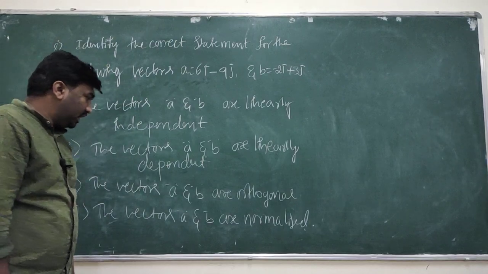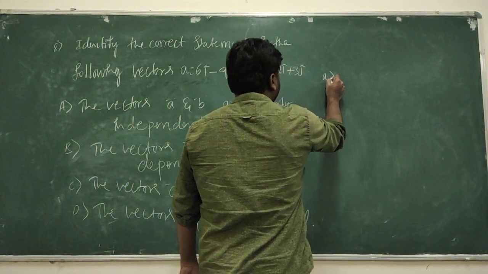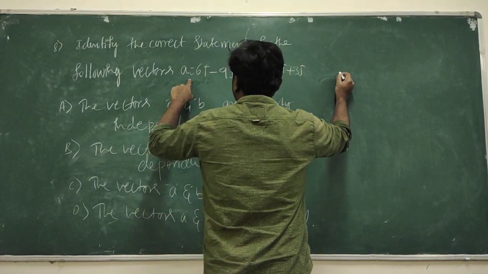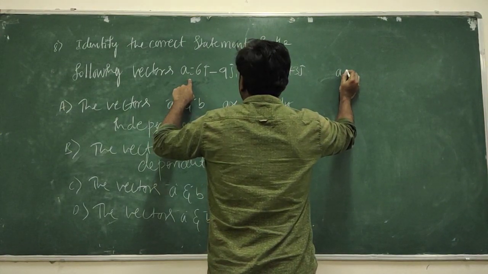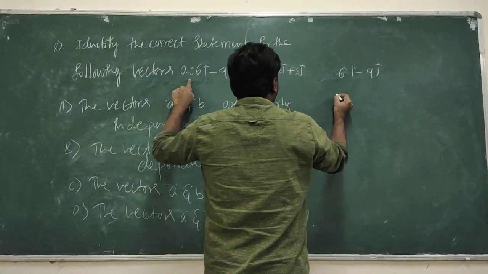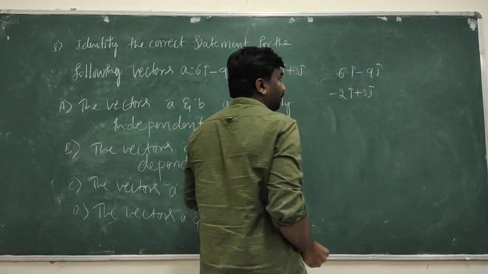Okay, so let's see. For that, let's take 6i minus 9j as one vector and minus 2i plus 3j as another vector.